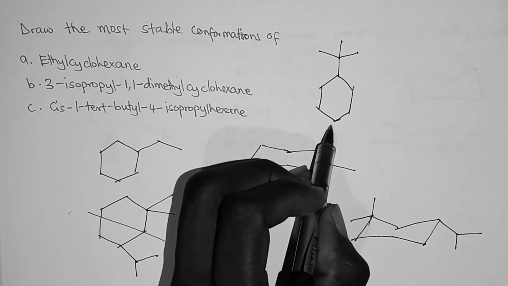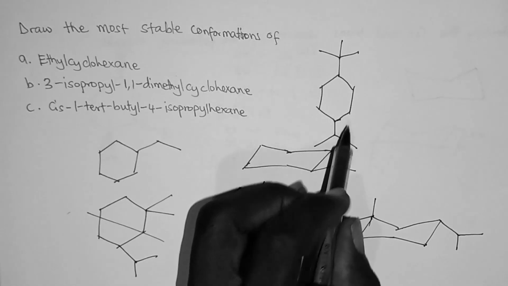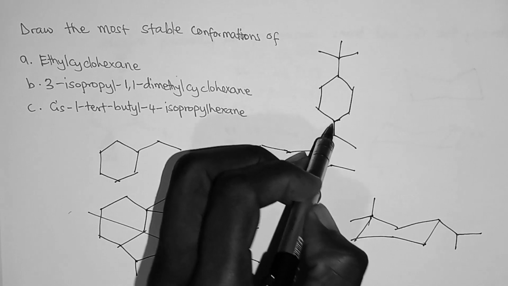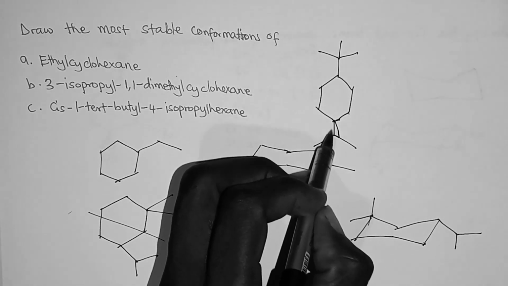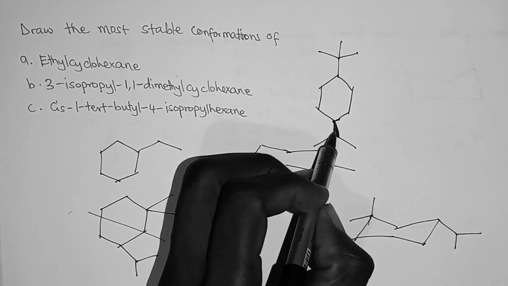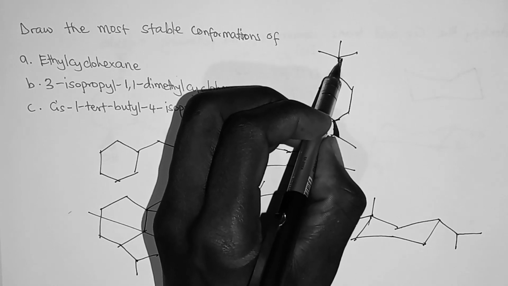So there is an isopropyl group here. However, we need to show the stereochemistry because it says it's a cis. And since it's a cis, we could convert this into wedge bonds.